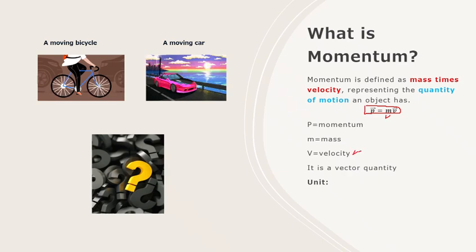As velocity is a vector quantity, momentum is also a vector quantity, and the unit of momentum is the unit of mass times the unit of velocity. So kilogram meter per second is the unit of momentum.